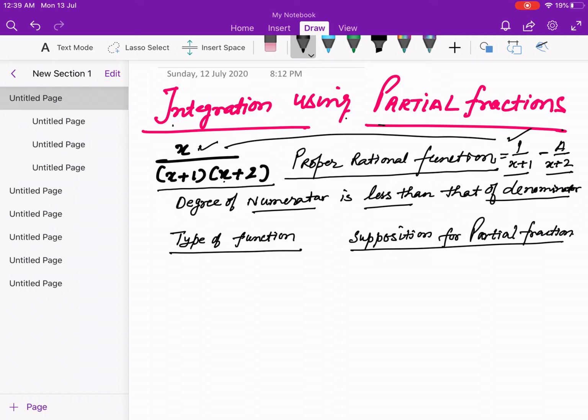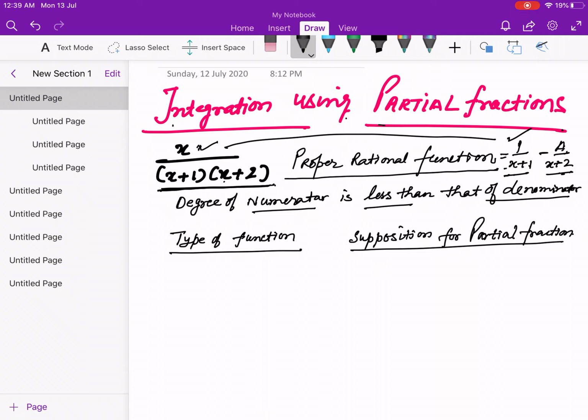Because it is in 1 upon x form, it is log of x plus 1. This 2 is also in the form of 1 upon x. I can do their integration separately, but in multiplication form its integration is not possible. So for partial fractions, the degree of the numerator must be less than that of the denominator.